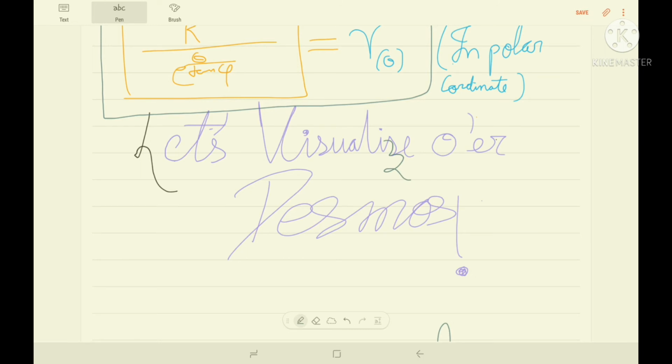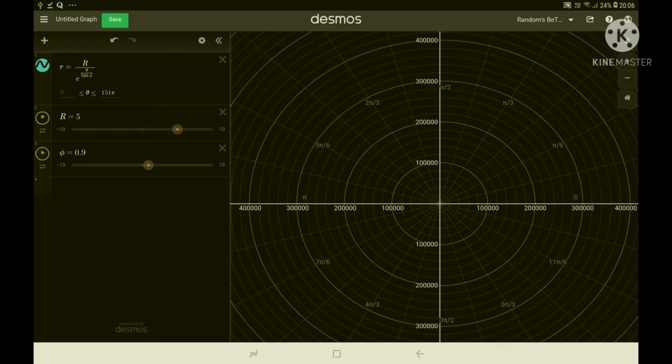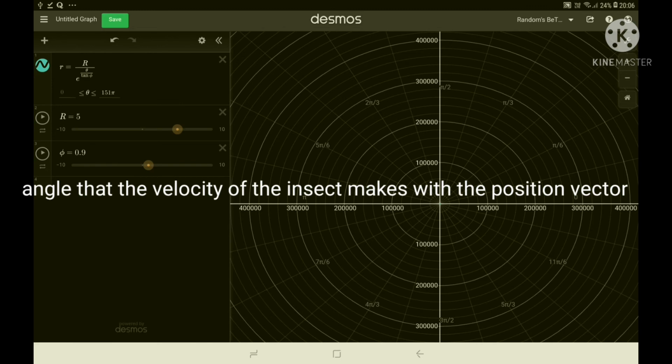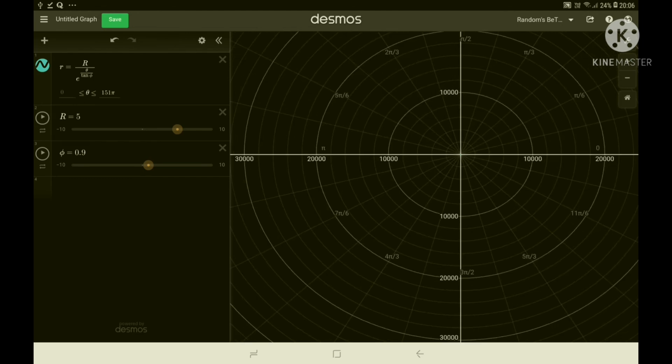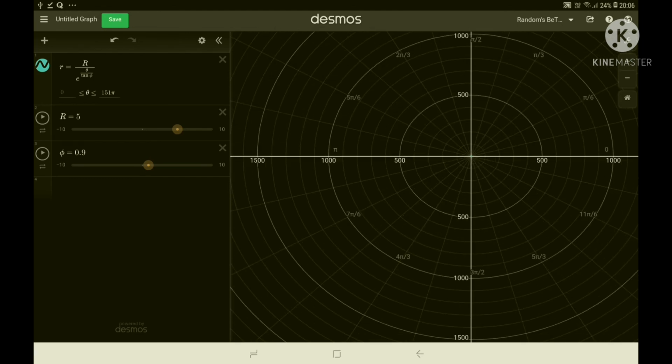let's go to Desmos. The angle the velocity of the fly makes with the position vector from itself to the light source is 0.9 radians. Let's see how it looks on the graph.